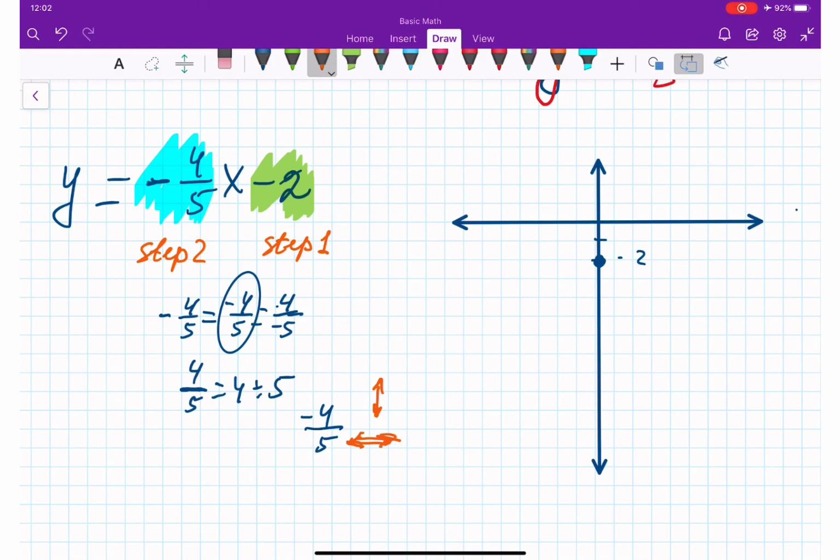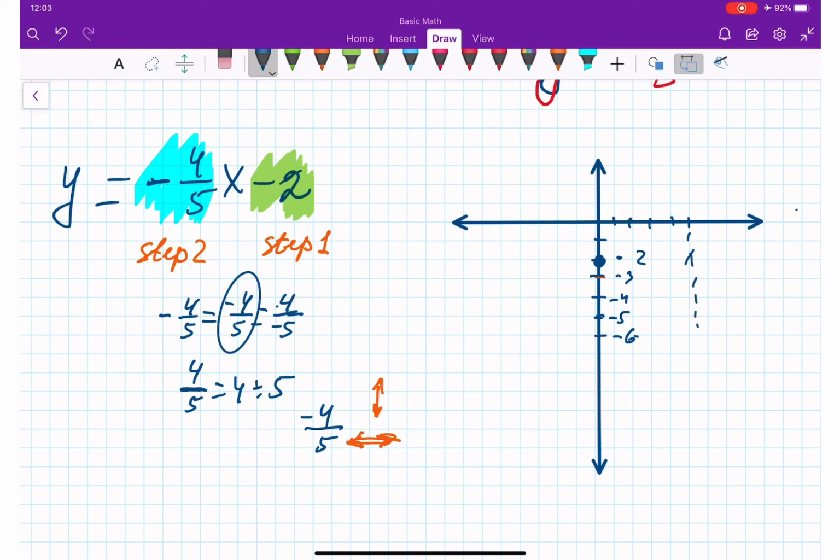All right, so I'm taking the vertical case first, starting from negative 2. I'm going down by negative 4: negative 2, negative 3, negative 4, negative 5, negative 6. So from negative 2, once I went down by 4, I got to negative 6. Then I go horizontally by positive 5: 1, 2, 3, 4, 5.